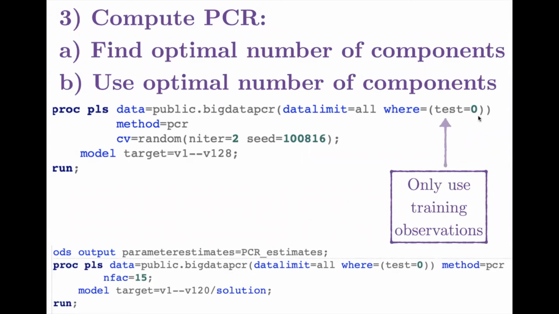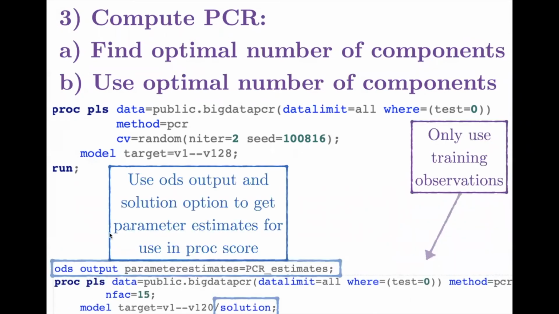Again, all of the training observations go in here, and I'm going to have to use ODS output to get these parameter estimates. Now, if you're not familiar with the ODS commands, that's okay. They're a pain, honestly, but what they do is they allow you to take any table from the results window and output it to a data set.